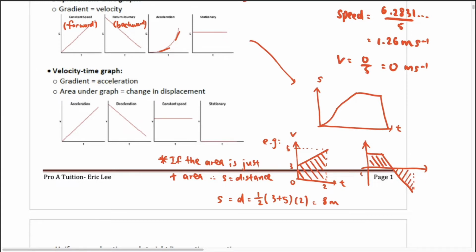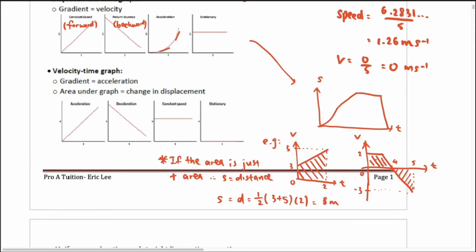Let's say I put value 0, and then this is 2, and then this is 4, and then this is 5, and down here, let's say this is negative 3. So velocity time. If you have positive area and negative area, below the axis is negative area, then you must be careful.